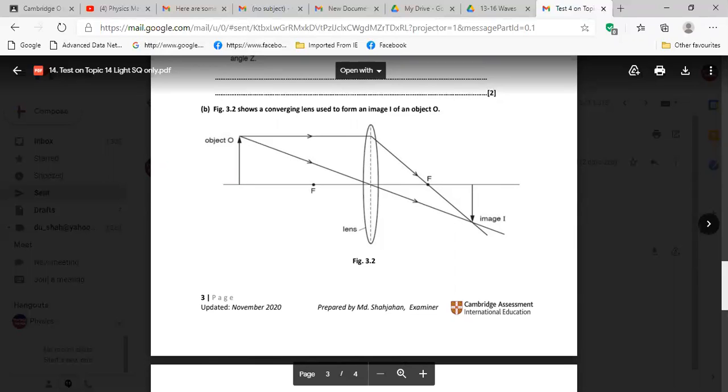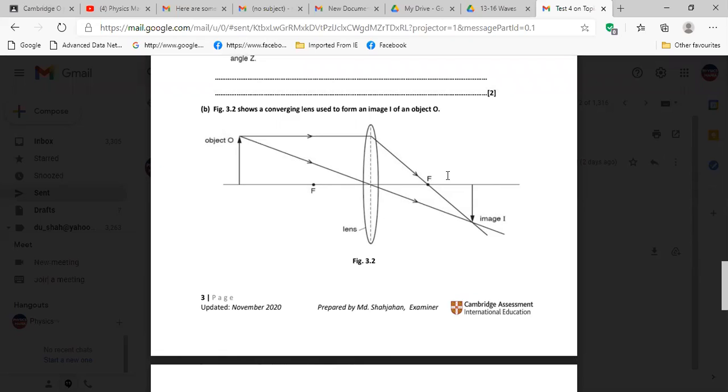You got it is real or virtual. You got it for camera or eye, you got real. For projector, you got real. For magnifying glass, you got virtual, right?